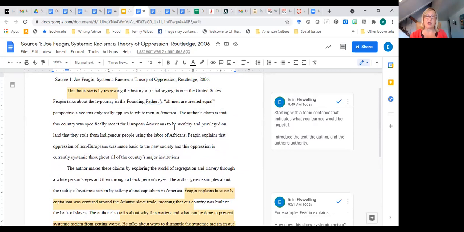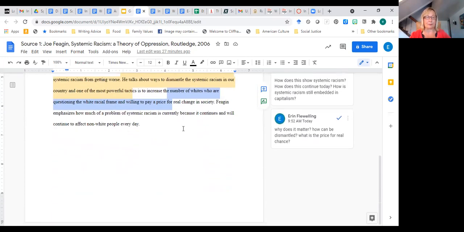This section, I would give like a high C to, because of that lack of detail. Overall, the paper would get a B, but this section would not get that B mark.